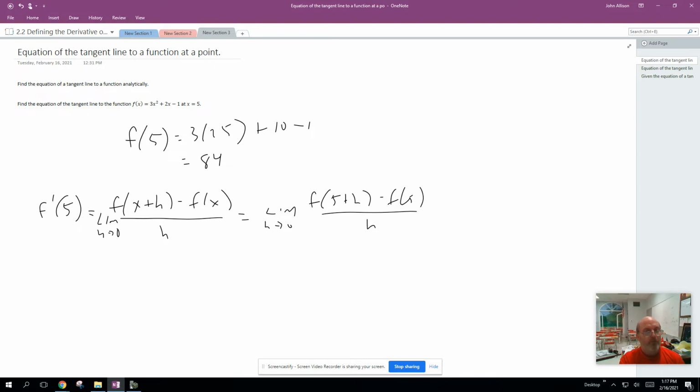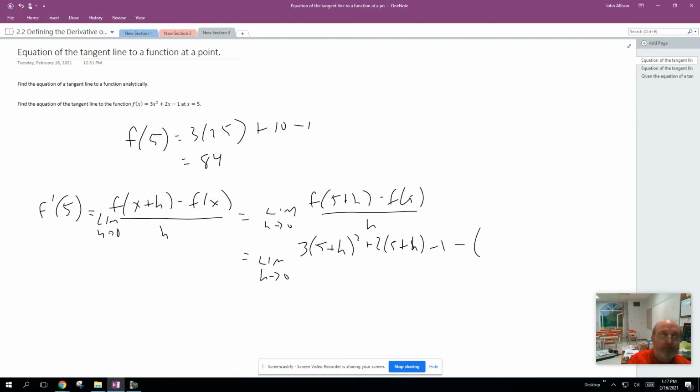And so f of 5 plus h then is going to be the limit as h goes to 0 of 3 times 5 plus h squared, plus 2 times 5 plus h, minus 1.